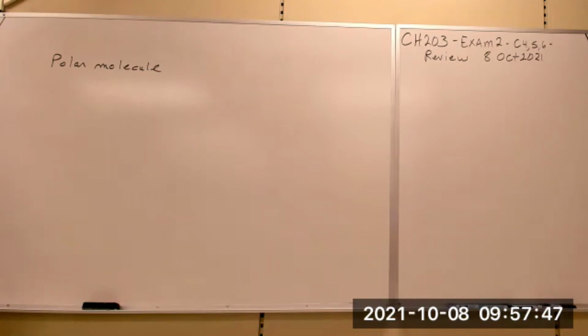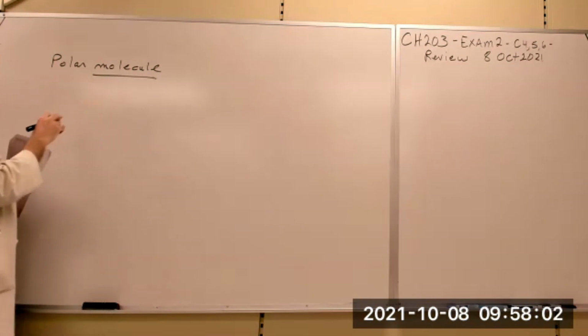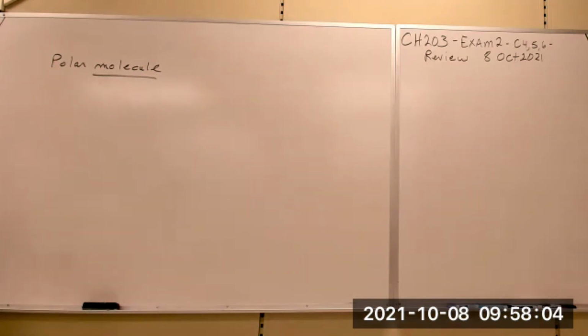It has to be covalent, because if it's ionic, then you don't have a molecule. You have ions in a lattice. Okay, that's the first clue. It means you have covalent bonds, you're sharing electrons.